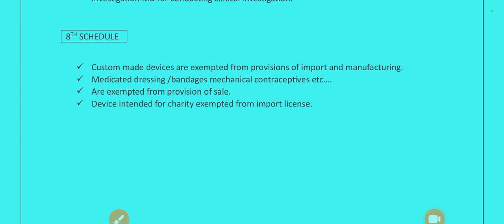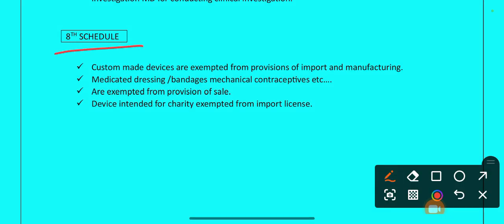Last and final, the eighth schedule. Okay, the eighth schedule is mainly important for custom made devices exempted from provisions on import and manufacturing, medicated dressings and bandages, mechanical contraceptives exempted from provisions of sale, and devices intended for charity exempted from import license.